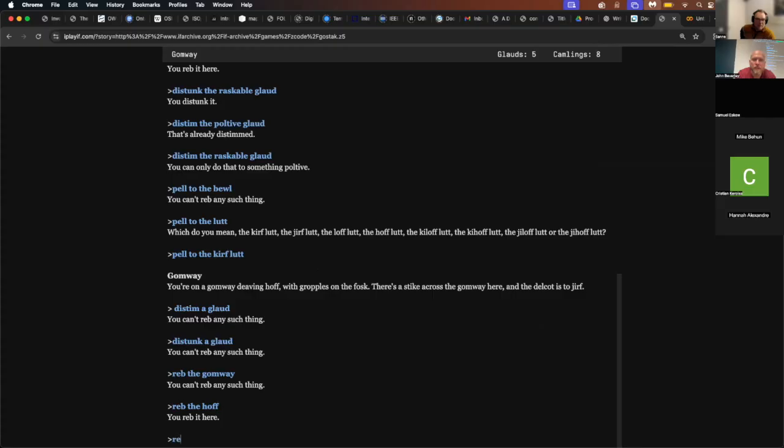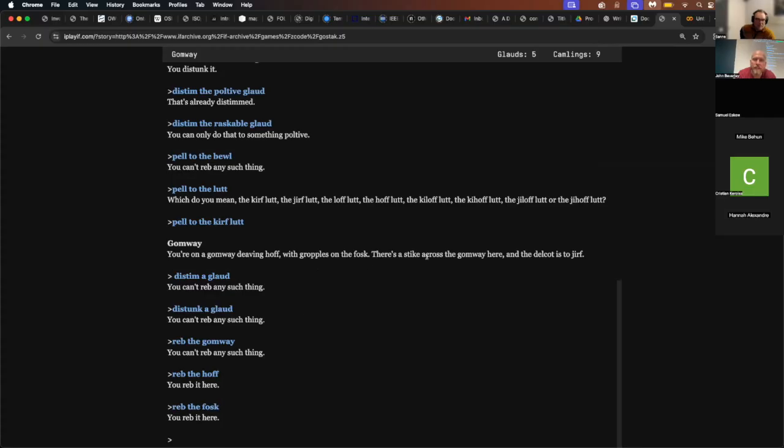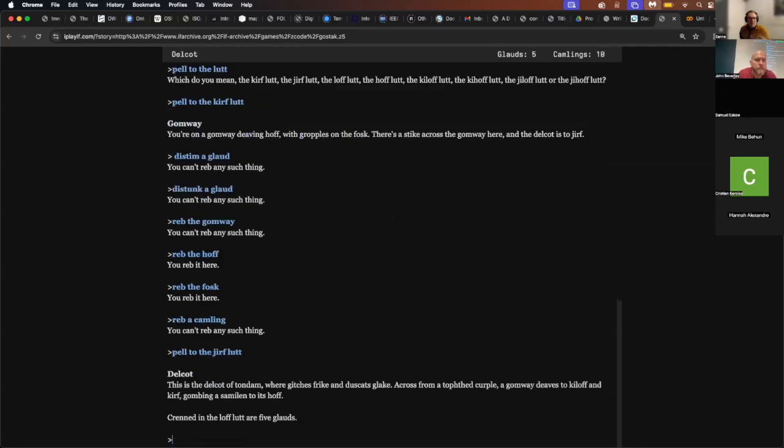Rapples on the Fosk, rib the Fosk. I can see the Fosk. Interesting. So my thought here is that I may have left the initial environment, and now as I've jerfed lut or pelled to the jerf lut, I may have returned back to the Delcott where I started.